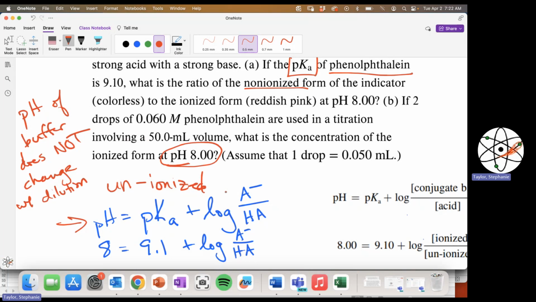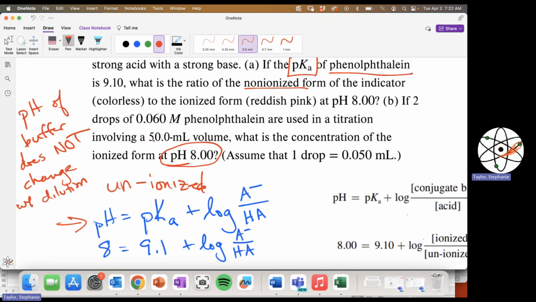So what we're saying here is when we solved for A, you just had a ratio. And that ratio could have been in moles, it could have been in molarity, whatever, it's all good. But now it's saying, cool, you're going to take drops of this 0.06 molar, here's one concentration, and then you're just going to add 2 drops into a much larger volume.